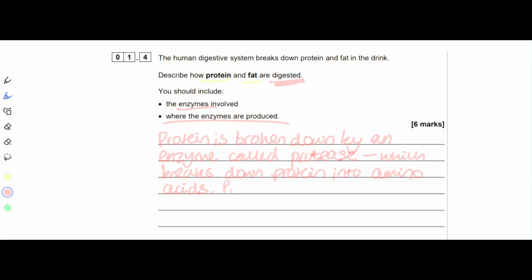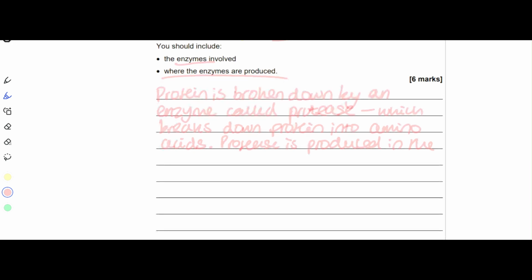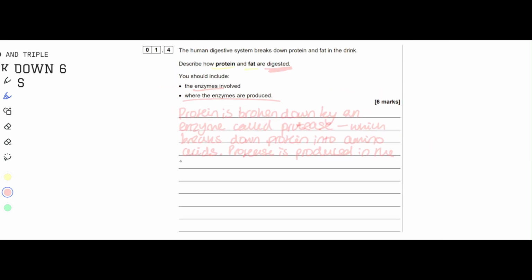Okay, so protease is produced in the, and you can say everything you know, in the stomach, small intestine, and pancreas as well. So we have already said where the enzymes are produced.